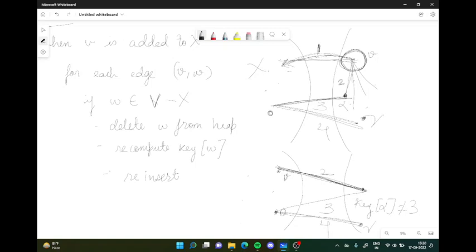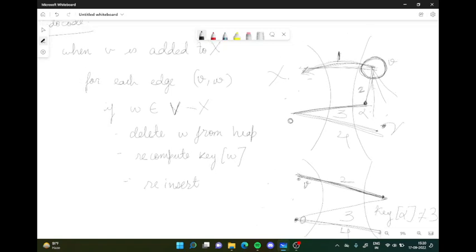And therefore, do a local update. Only change those vertices which are in the neighborhood of V. So delete W from the heap, and recompute key W by doing a minimum computation: the minimum of the key which was previously present and the cost CVW.